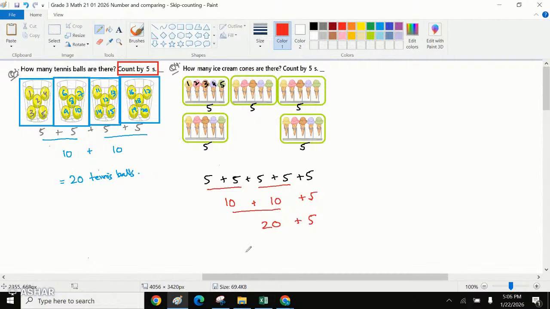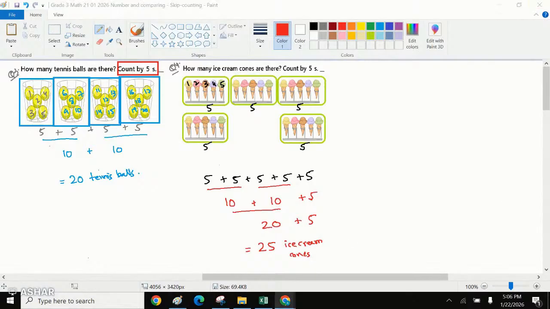So can we say there are 25 ice cream cones, right? Agreed? There are 25 ice cream cones because there are 5 stands of ice creams for us, right? Thank you.